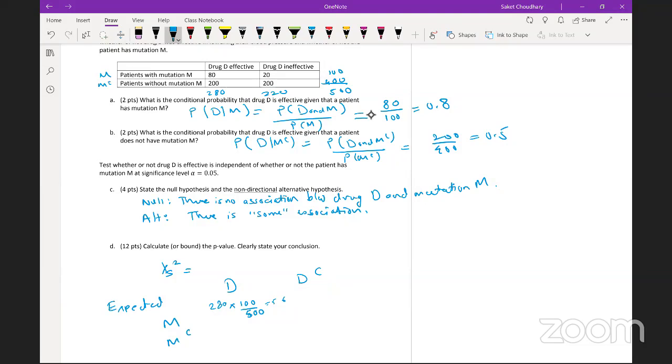Okay, similarly for DC, this value is going to be 220 times 100 by 500. And I think this comes around to 44, I think 224. Okay, and I think this value is probably 176.